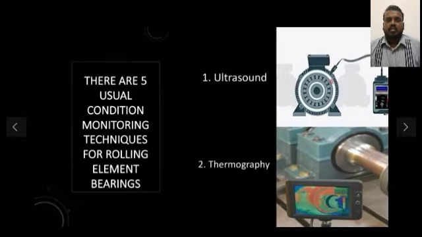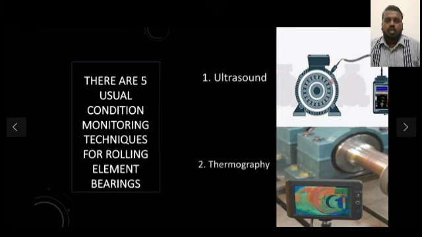The 5 techniques are: number 1, ultrasound. In this condition monitoring, narrow band high frequency signals emitted by bearings are listened to and monitored to determine the changes in the bearing's condition through the sound levels of the bearing.